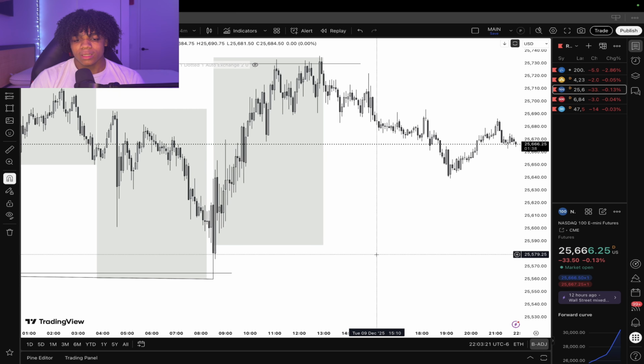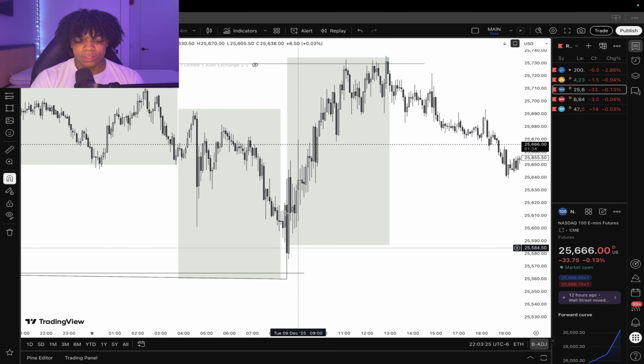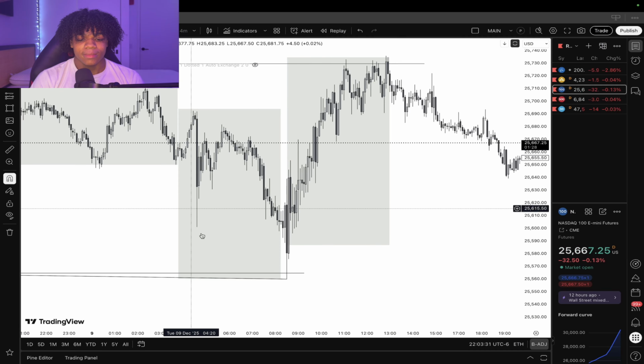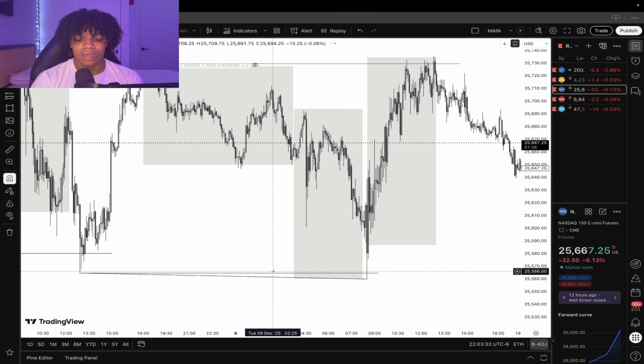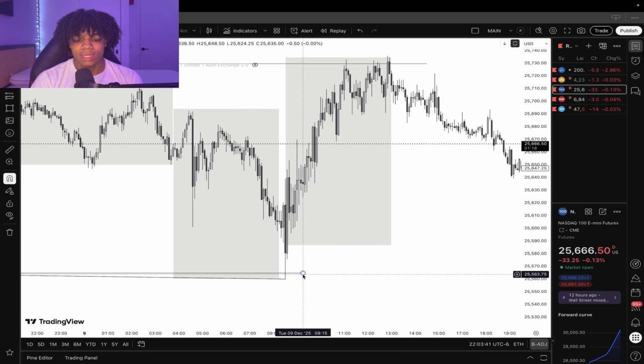So another way, if it aligns with your strategy, right, is you can try to get in on this manipulation leg, but you have to be really, really precise, because in this manipulation, price will continuously be able to make lower lows in this situation, right? And you won't necessarily know exactly when this manipulation phase is over. That's when it can make it risky.